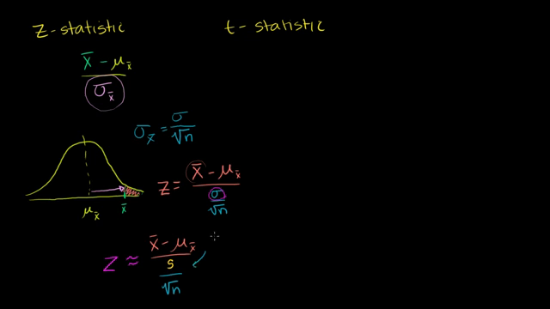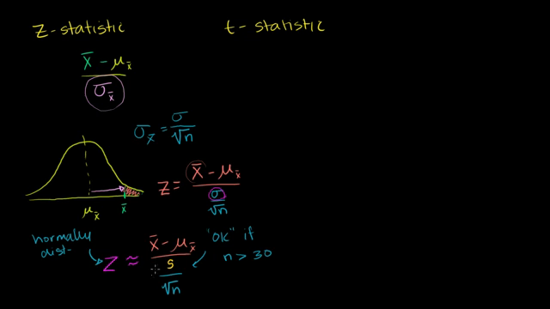And this is OK if our sample size is greater than 30. Or another way to think about it is this will be normally distributed if our sample size is greater than 30. Even this approximation will be approximately normally distributed.